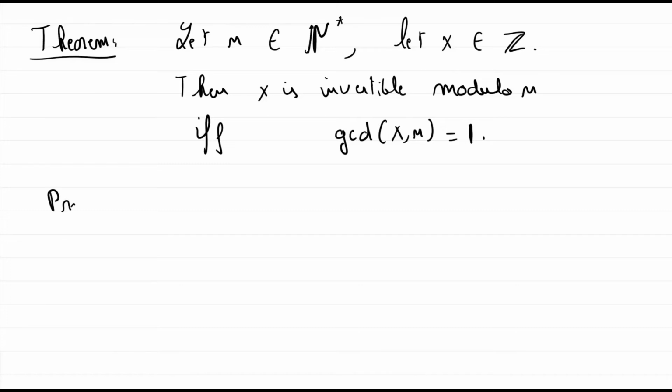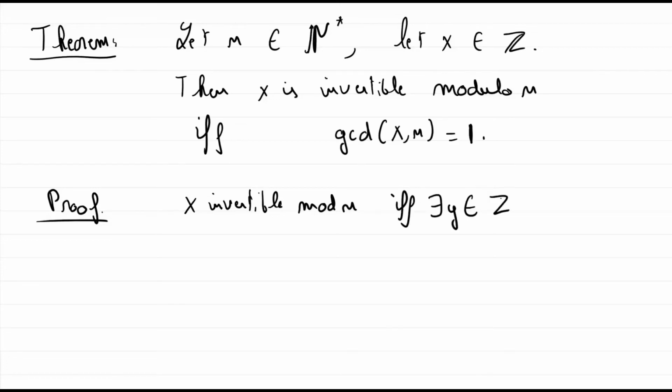Well, for the proof, when do we say that x is invertible modulo n? We say this if and only if there is another integer y such that x times y equals 1 modulo n, or x times y is congruent to 1 modulo n. It's the same thing, which means that x times y minus 1 is some multiple of n.